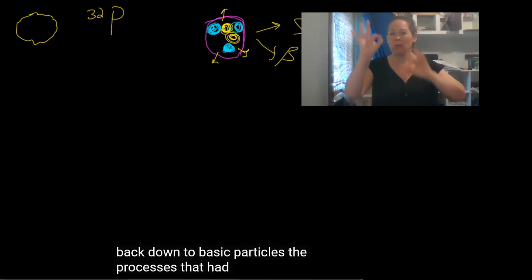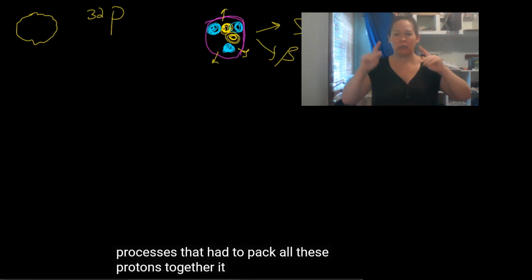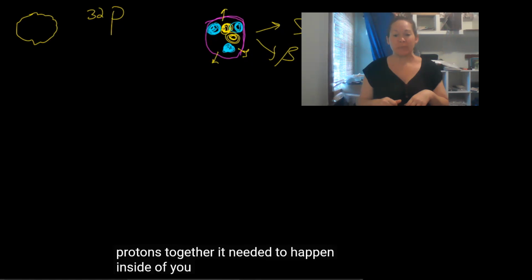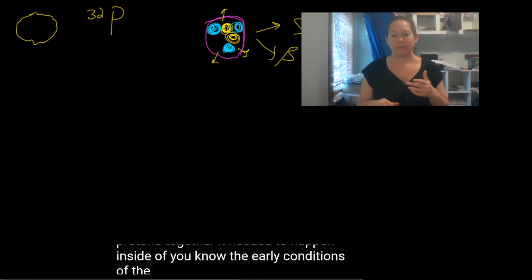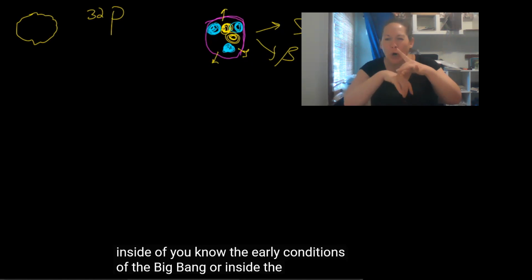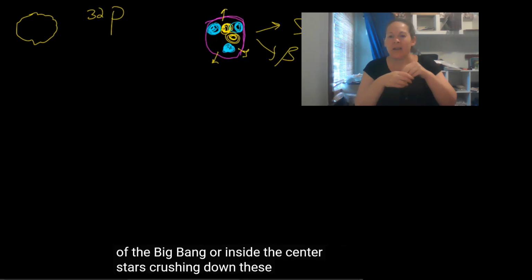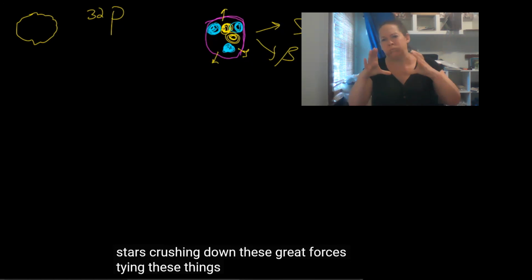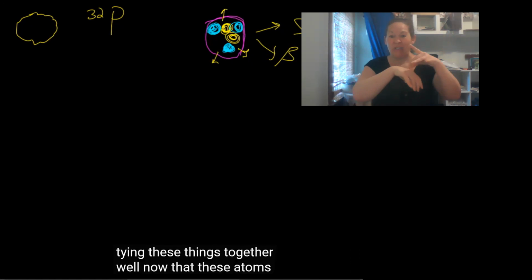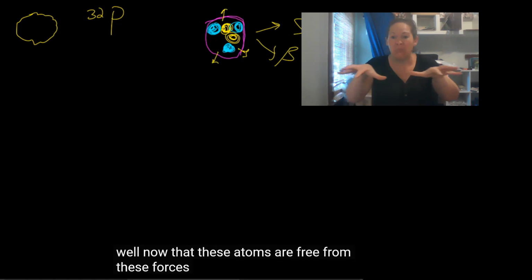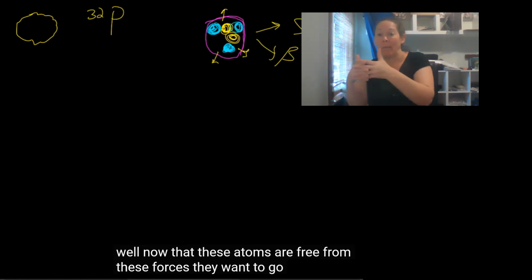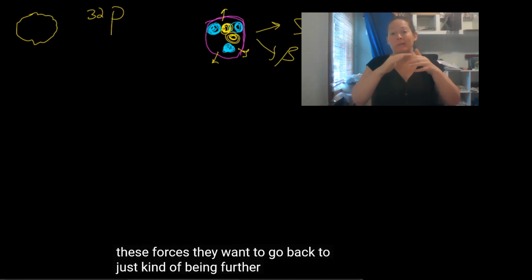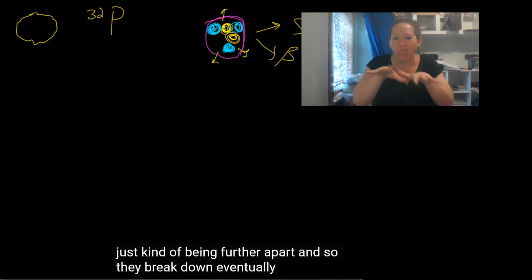The processes that had to pack all these protons together needed to happen inside of the early conditions of the Big Bang, or inside the center of stars, crushing down with these great forces tying these things together. Well, now that these atoms are free from these forces, they want to go back to being further apart, and so they break down eventually.